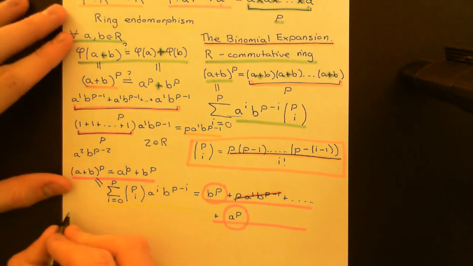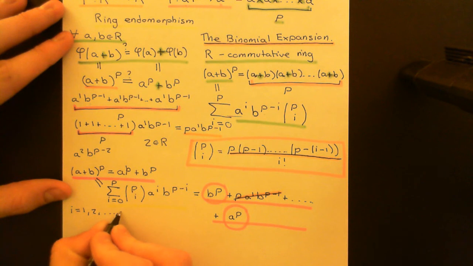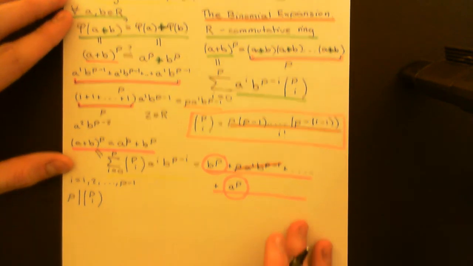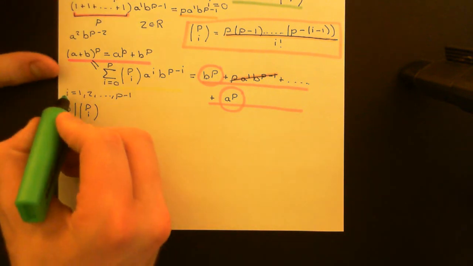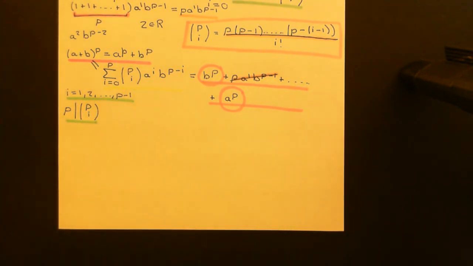So my claim is that for i equals 1, 2, all the way up to p minus 1, the binomial coefficient p choose i is a multiple of p, and I can write this as p divides the binomial coefficient p choose i. And that's a problem, because that means that it's equal to 0 effectively in our ring of characteristic p, because as I say, any multiple of p, what is that going to mean?